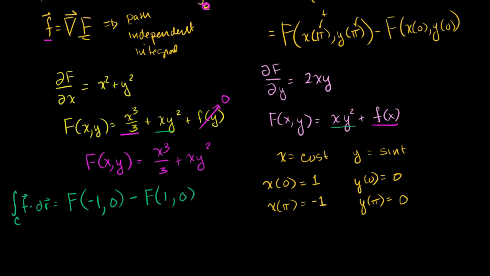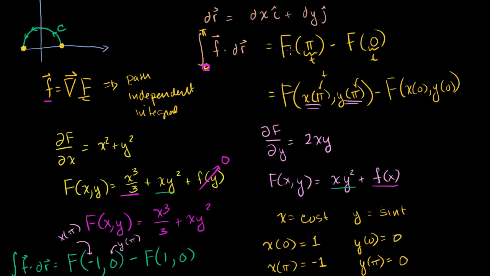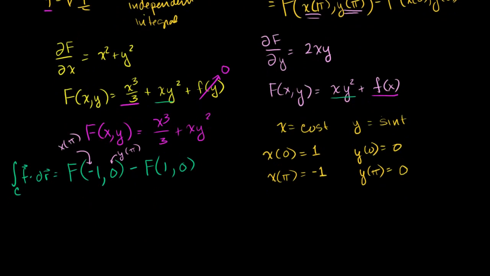And just remember, this right here is x of pi and y of pi. You can imagine this whole F of minus 1, 0 is the same thing as F of pi if you think in terms of just t. That could be a little confusing, so I want to make that clear.